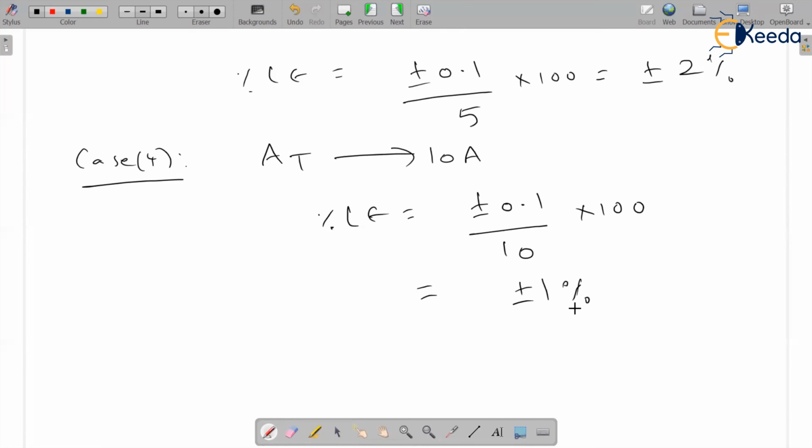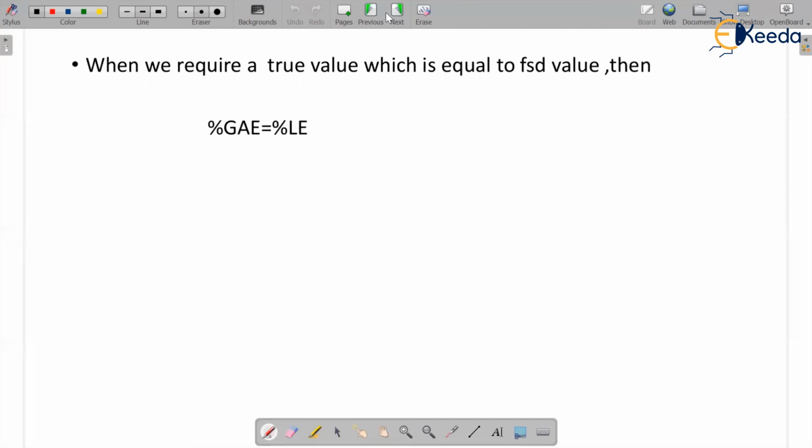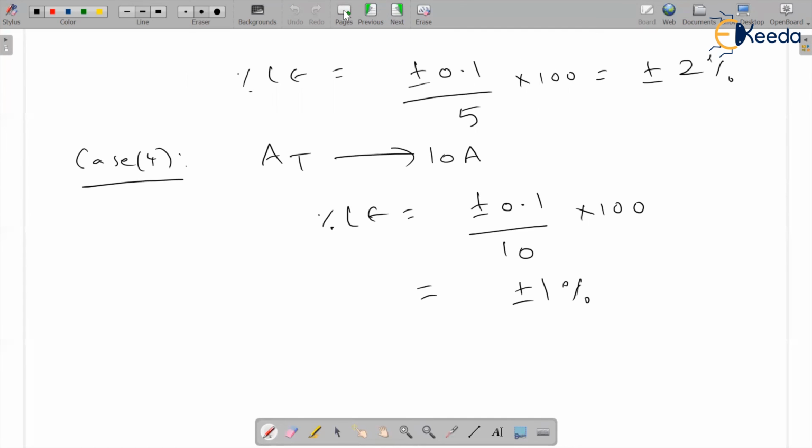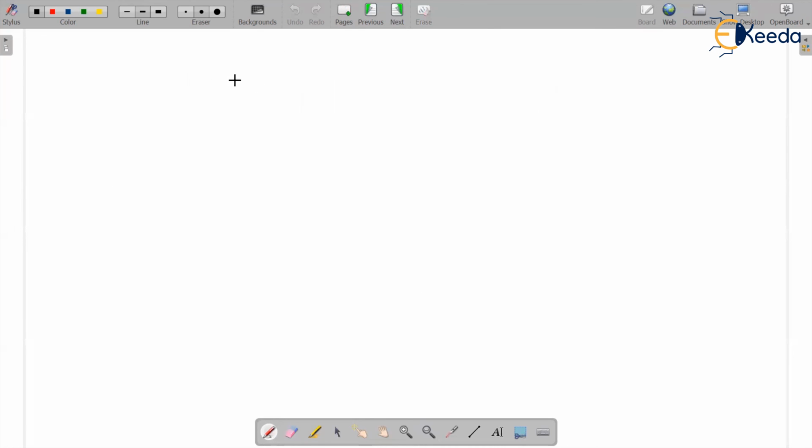Okay, now I will tabulate it. Whenever I tabulate the true value, this is what my percentage limiting error is.